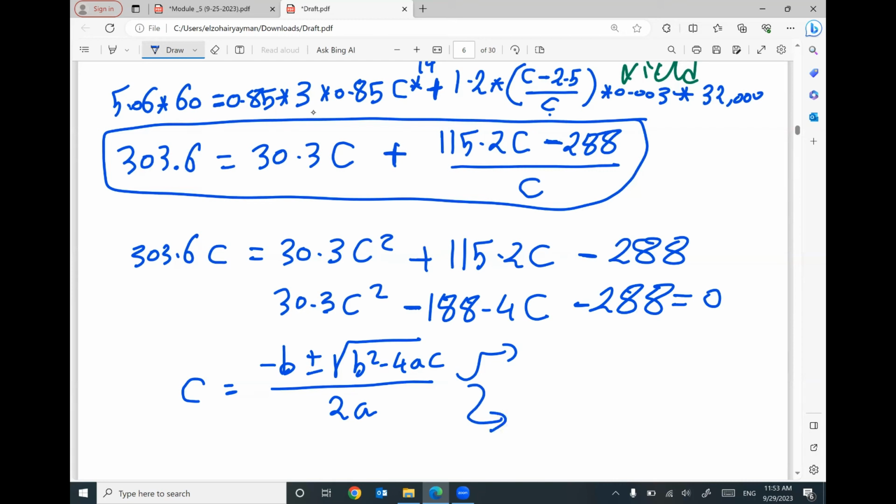Let's see. B square, 188.4, minus 4 times A times C, under square root, minus B, divided by 2A.